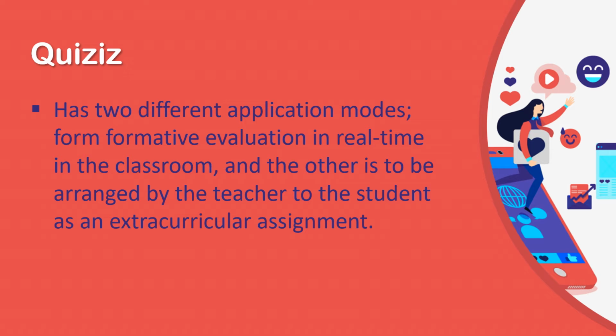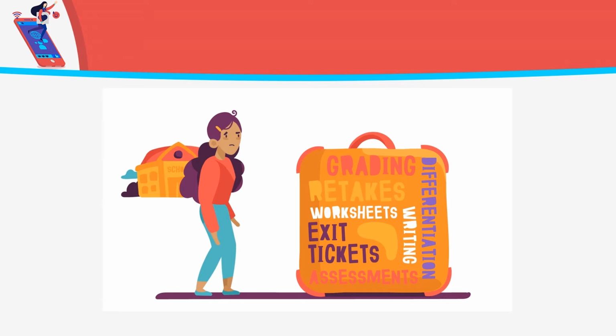One is formative evaluation in real time in the classroom, and the other is to be assigned by the teacher to the students as an extracurricular assignment. Quizizz is more like a student-dominated guide where students can see the questions and answers on their own devices. See this video please.